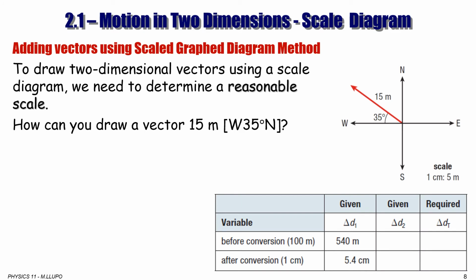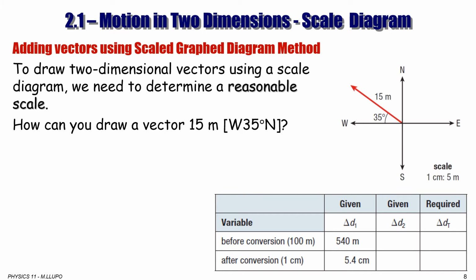Sometimes you might have more than one vector to draw. So let's say that you have a 540 meter vector. You can use a scale of 1 centimeter to 100 meters, and that means you can draw a 5.4 centimeter vector that represents 540 meters.